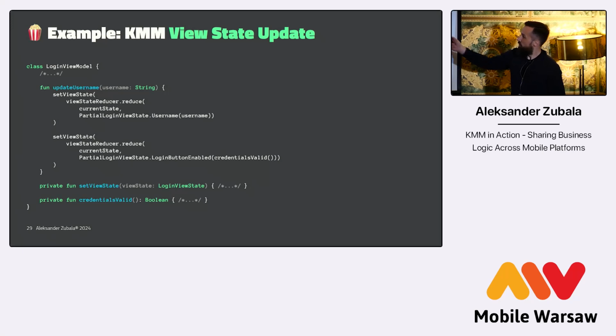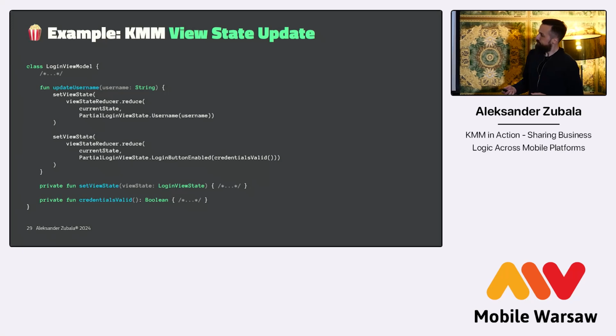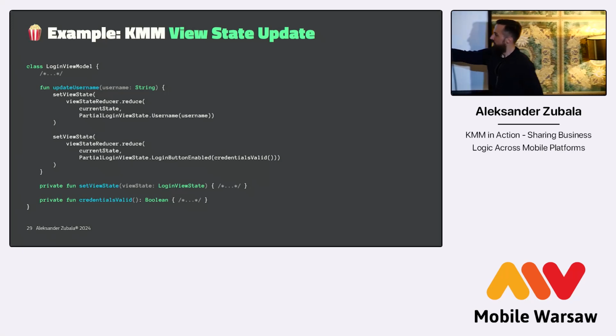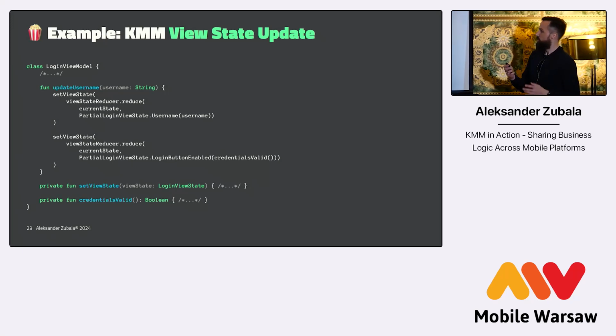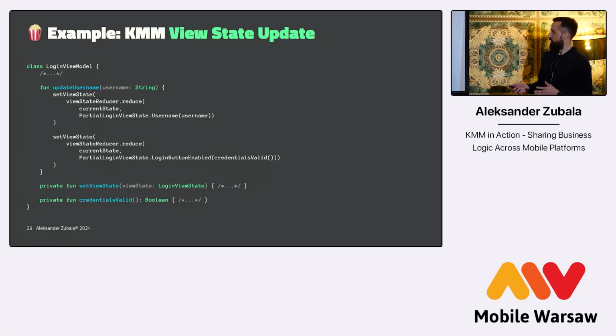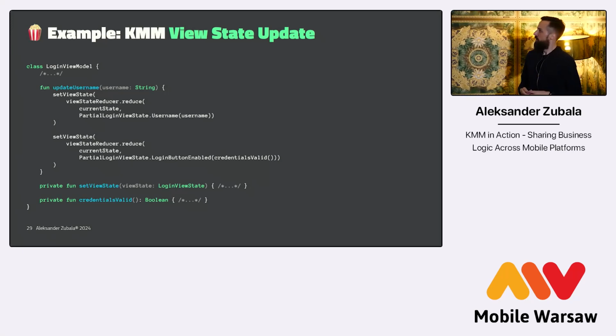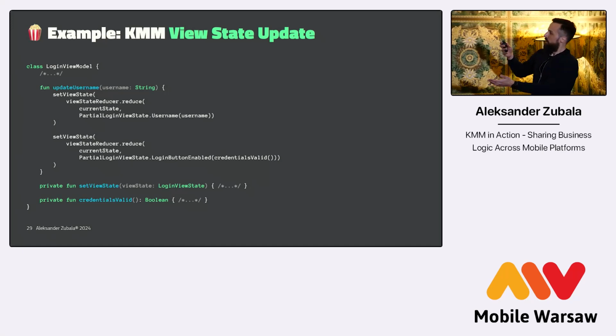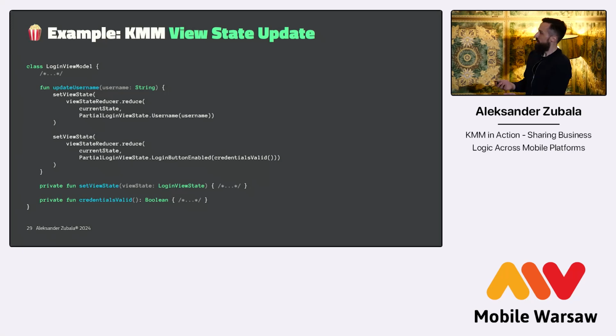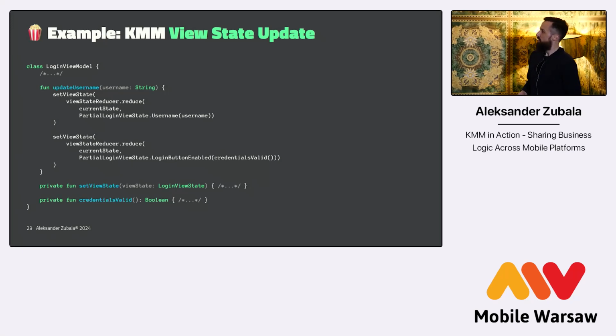When you call update username, we do two things: we update the partial state of the username, and secondly we update whether the login button should be enabled, based on the credentials-is-valid method, which checks if username and password were provided. So basically, this reducer updates the immutable current state and only updates the username and the login button enabled.